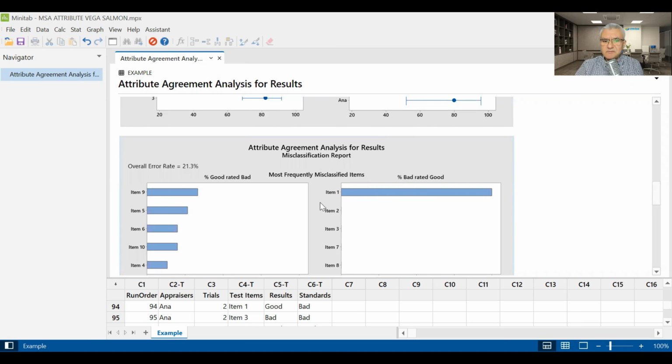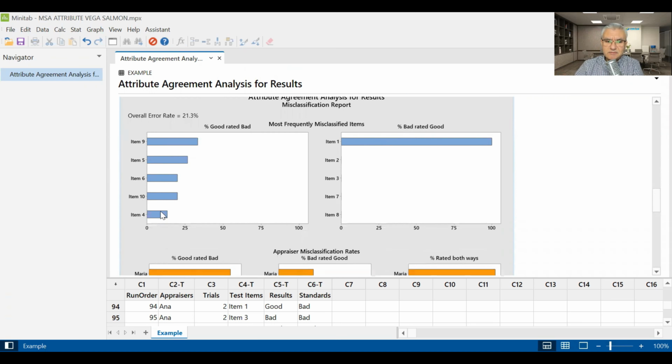This graph is very important for the training that follows the assessment. You can see what item created the most of the problems, and you can insist on that item. You can analyze with them that item in order to see what was the source of error for them.